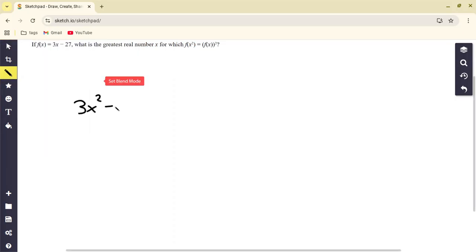squared minus 27. And (f of x) squared means just get the whole expression, 3x minus 27, and square it. So this right-hand side of the equation seems unmanageable, so let's try to make it a bit more manageable.